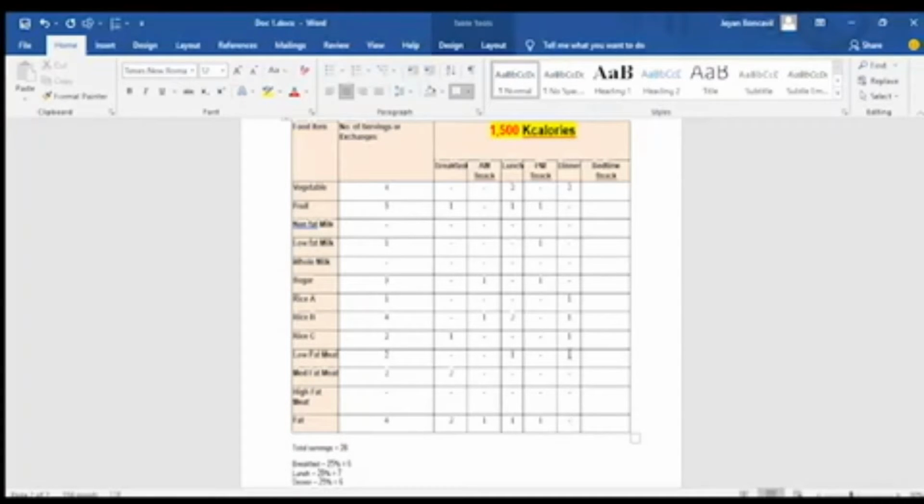Then we did not put any exchanges for bedtime snack, so that will be left blank. So this table is a basis on how we will create the meal.